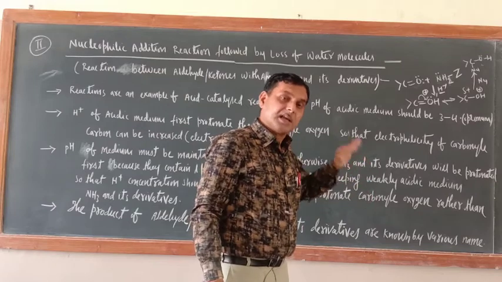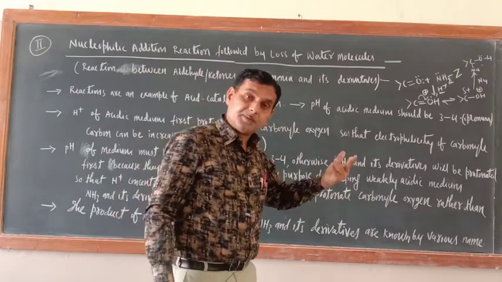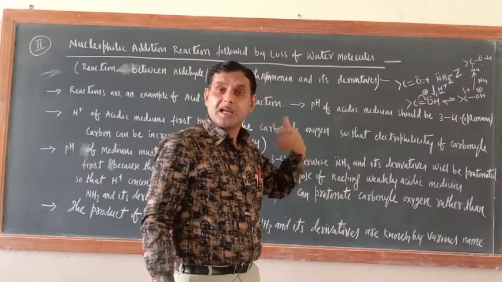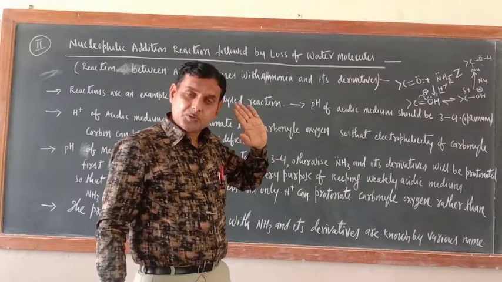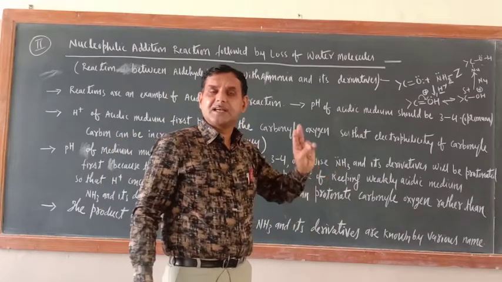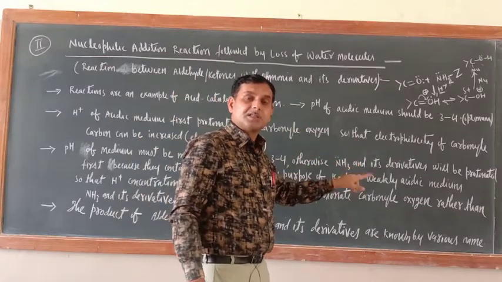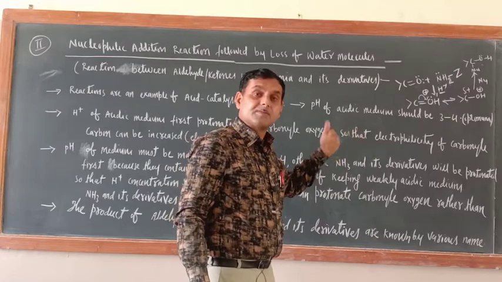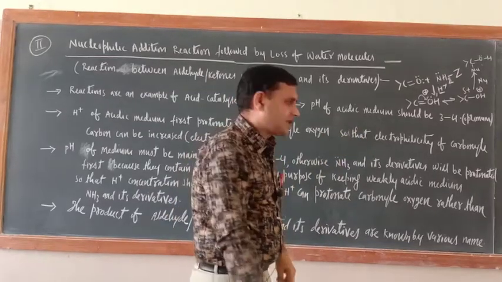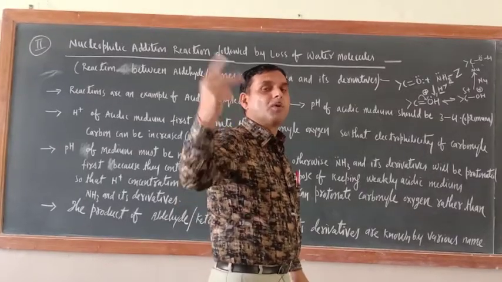Otherwise, less pH means strong acidic medium. Strong acidic medium means more H positive ion concentration. So pH should not be less than 3. Otherwise, H positive ion concentration would be more, and not only carbonyl oxygen, now nucleophile, ammonia and its derivatives will also be protonated. That is one thing. Second thing, suppose pH is beyond 4.